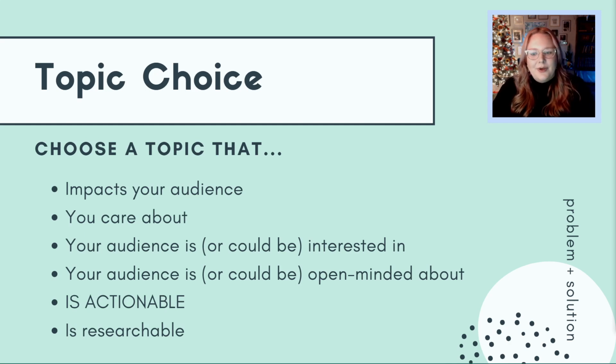Here's a really important one. It needs to be something that your audience could be open-minded about. So this is where you might need to scale down your solution that you're proposing to your audience. For example, convincing all of us to go vegan tomorrow is a pretty hard ask.